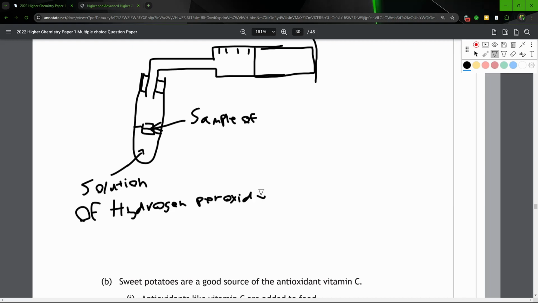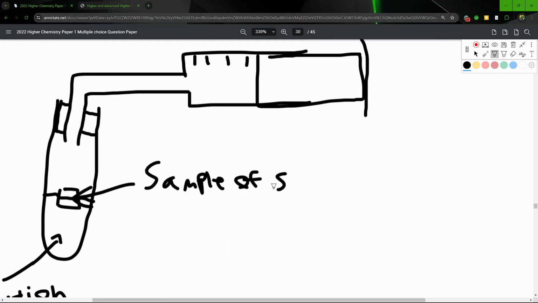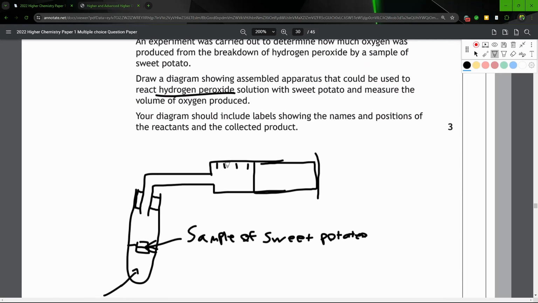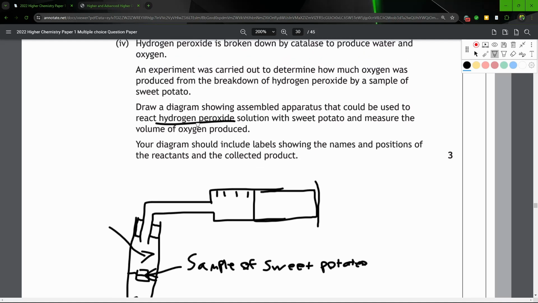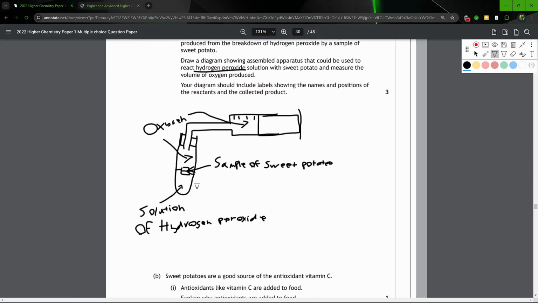Could probably just say hydrogen peroxide at that point, but oh well. And then we just need to label the gas coming off. We mentioned the volume of oxygen, so we're just going to say oxygen. In fact, I'm also going to label the inside of the gas cylinder. And there we are.